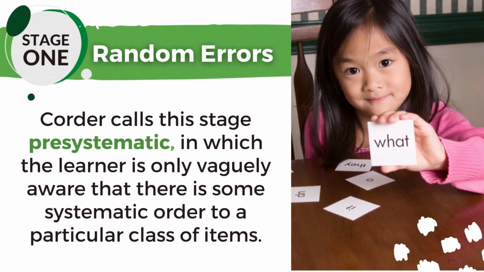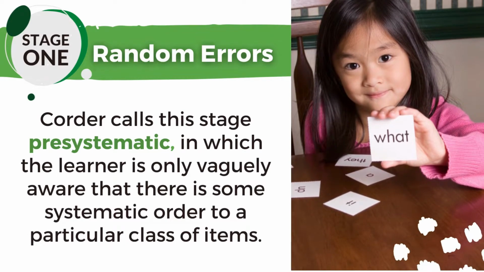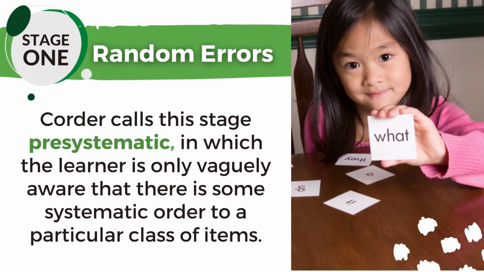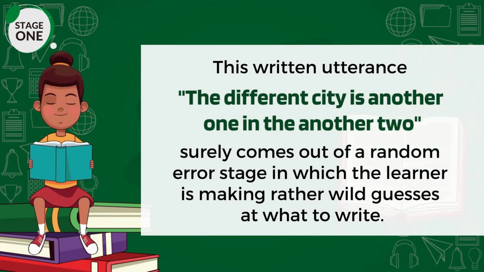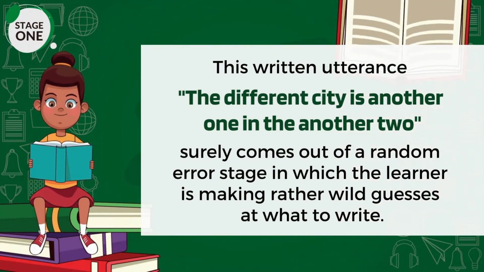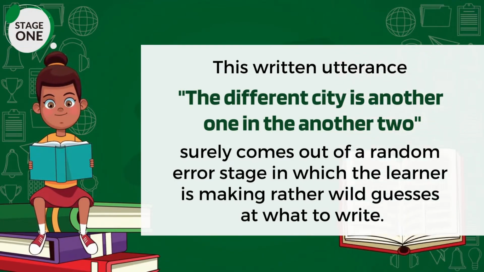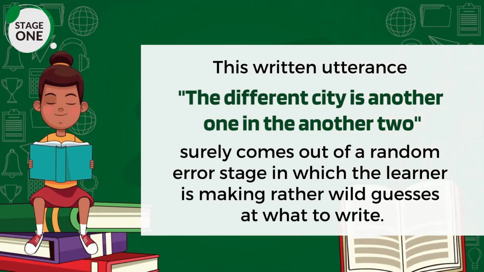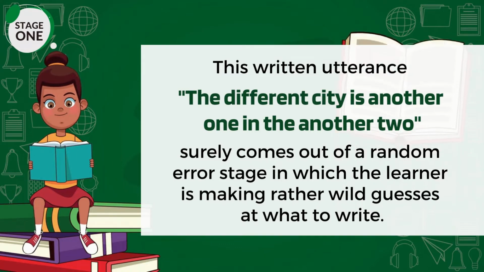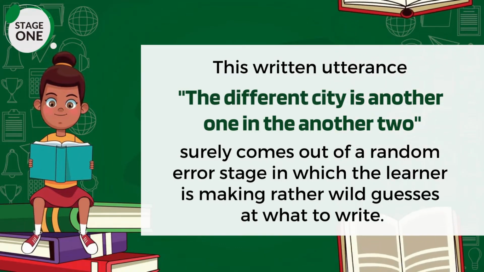Corder called this pre-systematic, in which the learner is only vaguely aware that there is some systematic order in a particular class of items. The written utterance, "the different city is another one in the another two," surely comes out of the random error stage, in which the learner is making rather wild guesses at what to write.